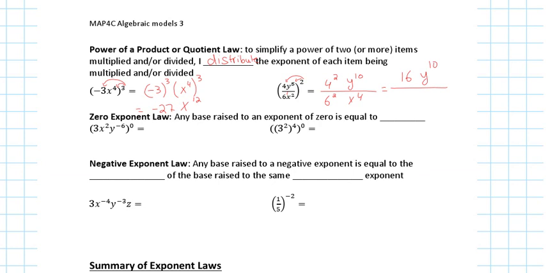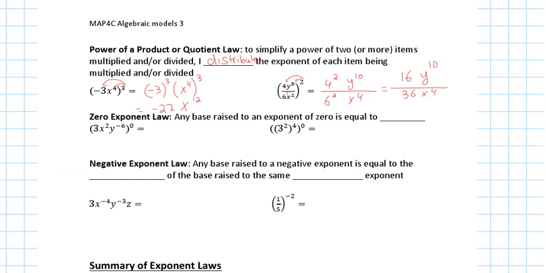Make it easier. What's 6 to the power of 2? 36. X to the power of 4. Do you leave it like this or do you want to simplify? Simplify, right? You always have to look at, can I simplify?